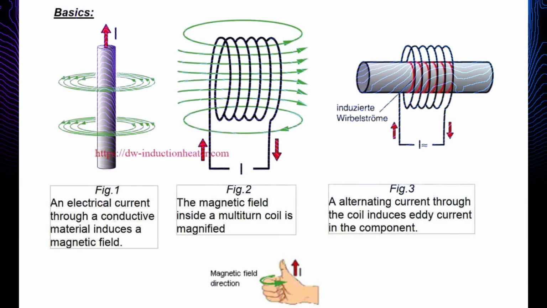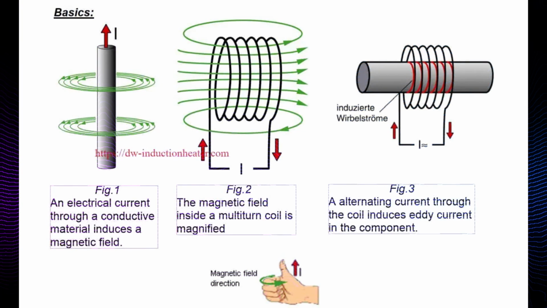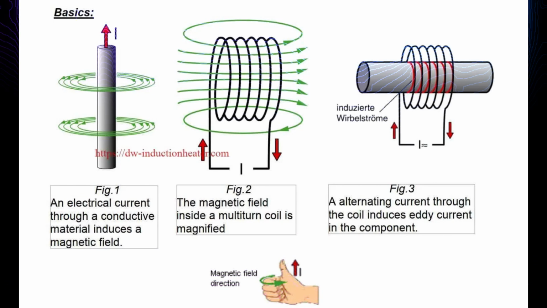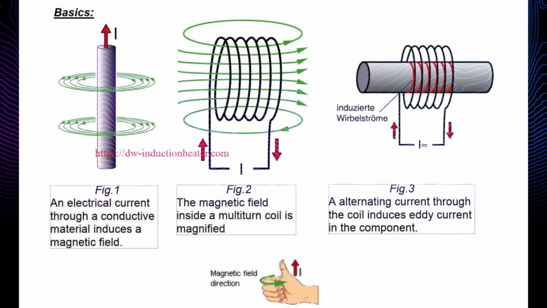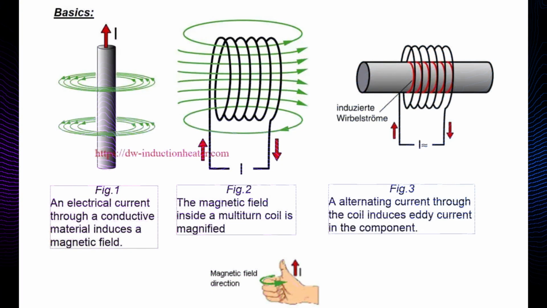The total inductive reactance, or X sub LT, of inductors connected in series equals the sum of the inductive reactances for all the inductors.